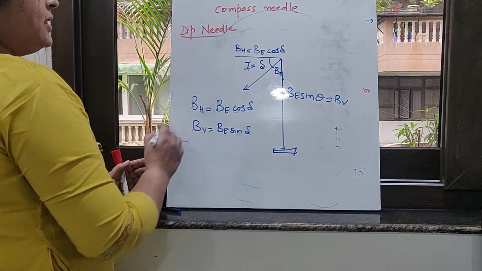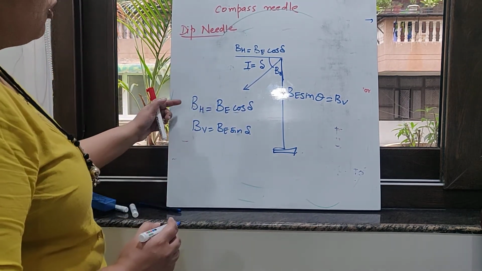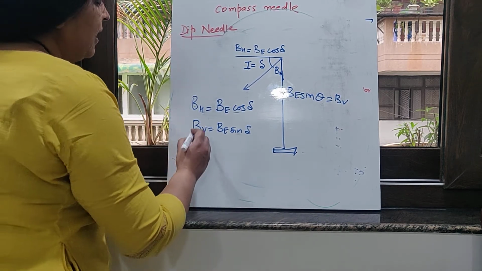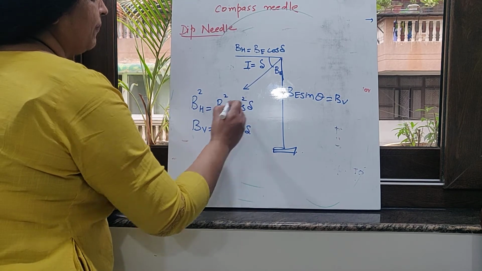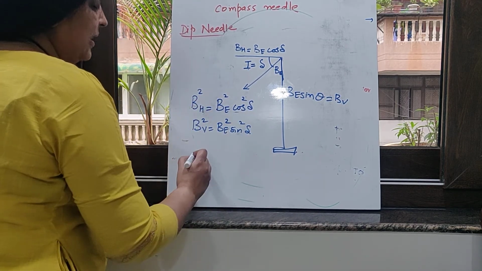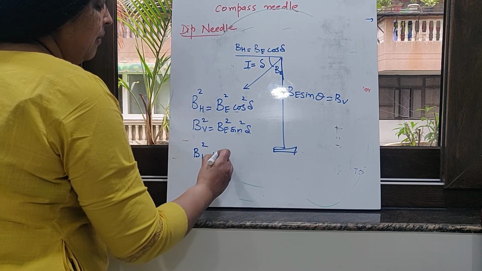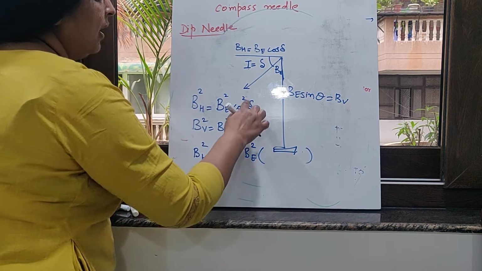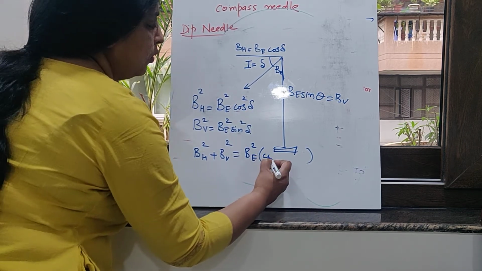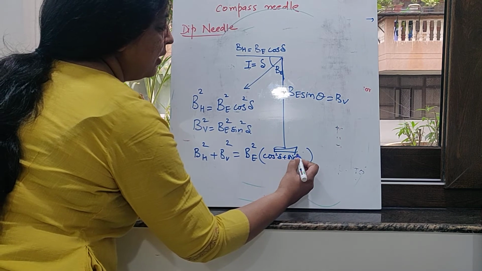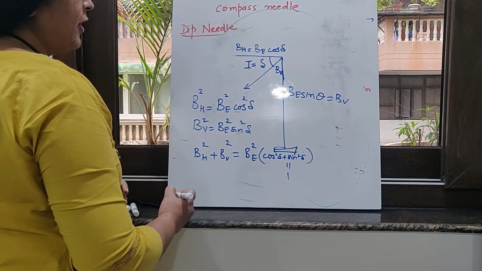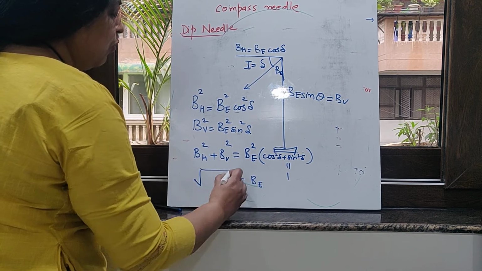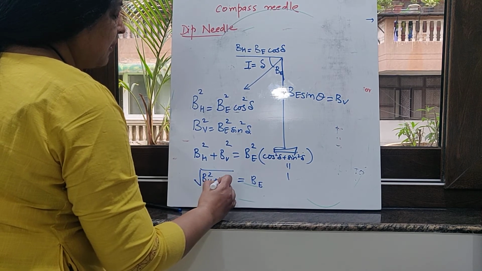Now if we know the horizontal and the vertical components of the Earth's magnetic field at a place, we can square both of these. Squaring these will give us BH square plus BV square is equal to BE square times cos square delta plus sin square delta, which is 1 by trigonometry. So the Earth's magnetic field can be written as root of BH square plus BV square.